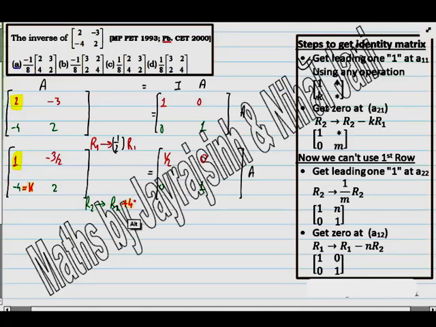So it will be plus 4 R1. It means to say we have to multiply first row with the 4 and then add to the second row. So here we'll get 1 4s are plus 4, minus 3 by 2 4s are minus 6.